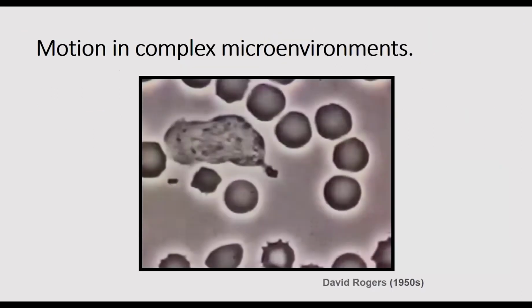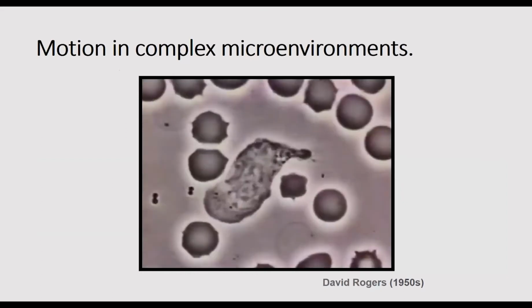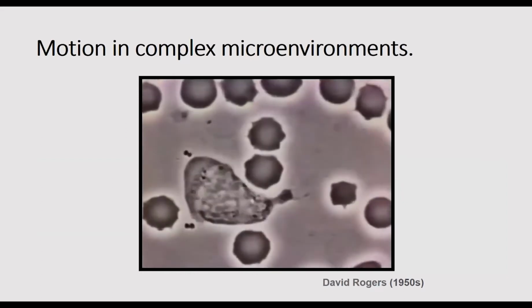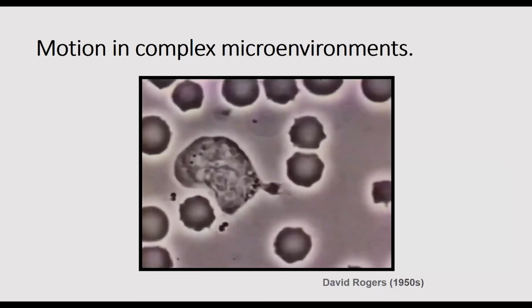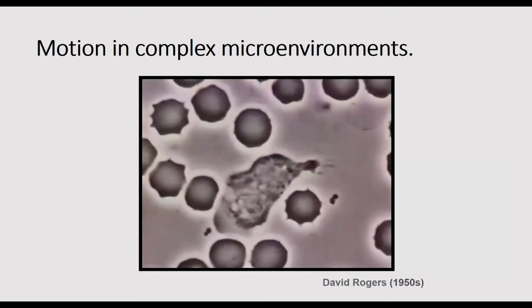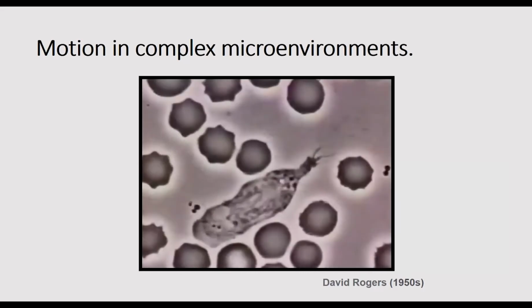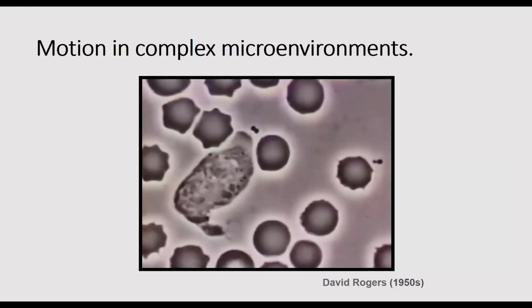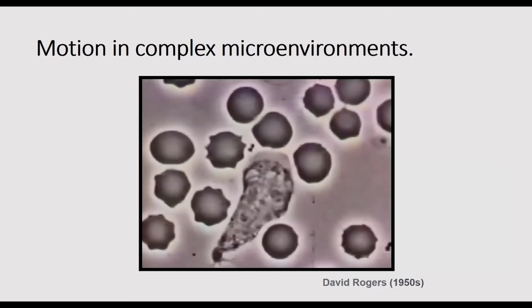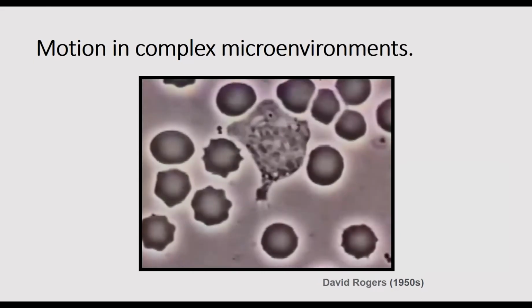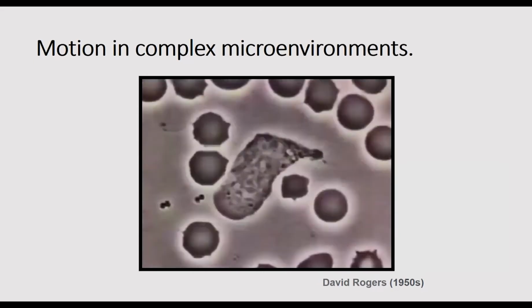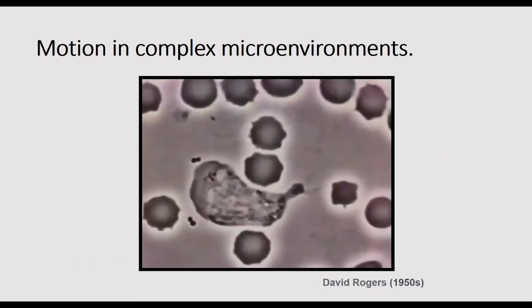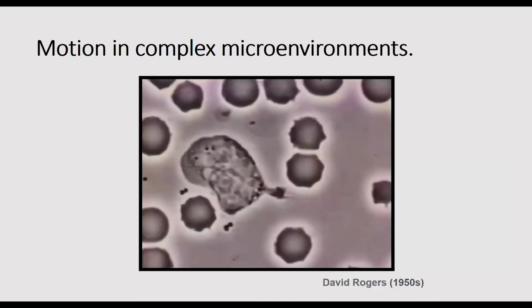I want to start by showing you this movie because I think it's an excellent example of how complex motion in the microscale can be. You may have seen this movie already, but in case you have not, for this experiment, a blood film was adhered on a glass surface. This movie follows the motion of this neutrophil, a white blood cell whose mission is to find and eliminate these tumble-shaped particles, which are actually bacteria.